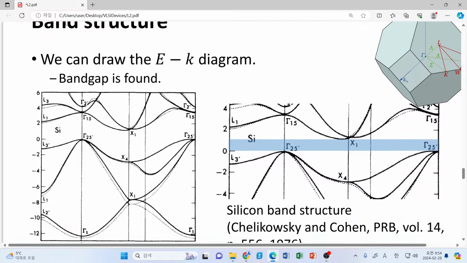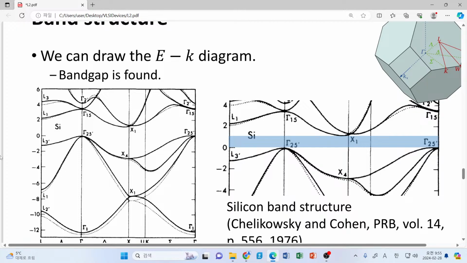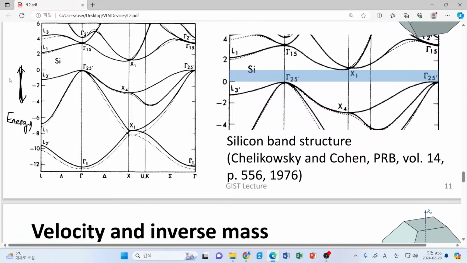The E-k diagram is sometimes called a band diagram. This y-axis corresponds to the energy, and this x-axis corresponds to the k vector.